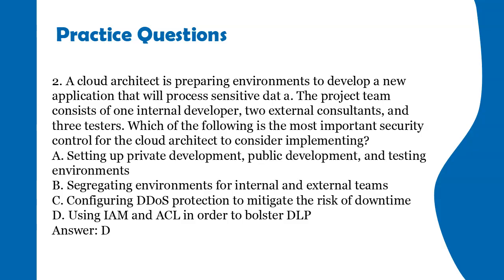A. Setting up private development, public development, and testing environments. B. Segregating environments for internal and external teams. C. Configuring DDoS protection to mitigate the risk of downtime. D. Using IAM and ACL in order to bolster DLP. Answer: D.